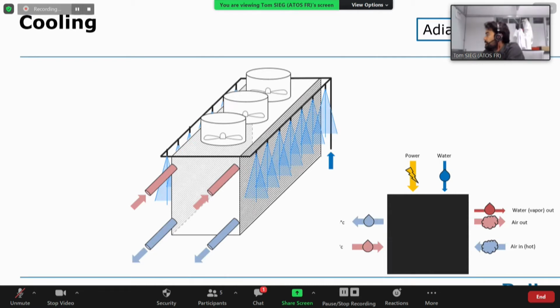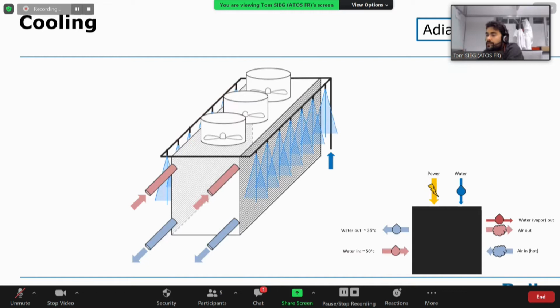You will be able to use it with only power, but this time, in a difficult situation, you will be able to use water to optimize this exchange. So you will just have hot water in and vapor out.